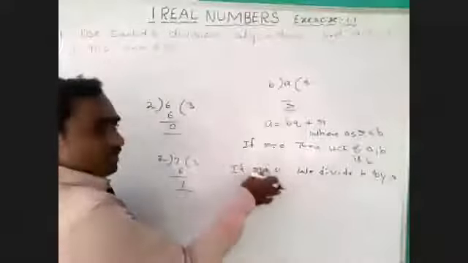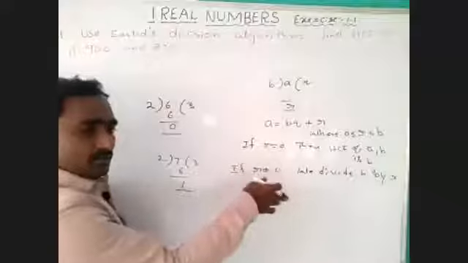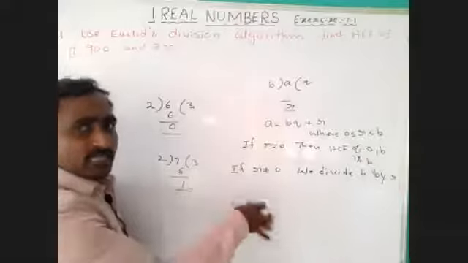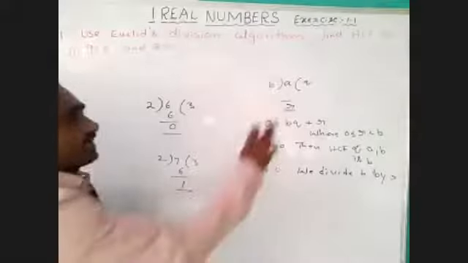This process continues till the remainder becomes 0. The last divisor is the HCF of the given two numbers.